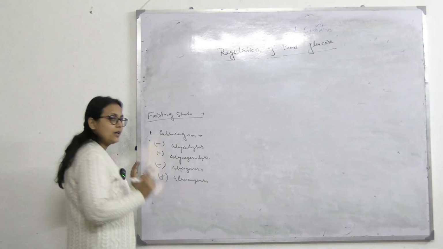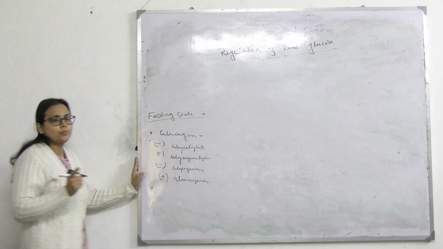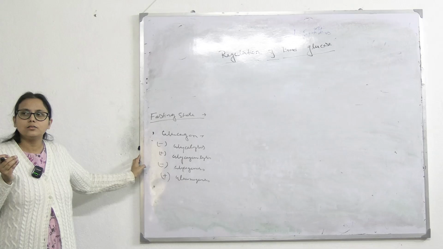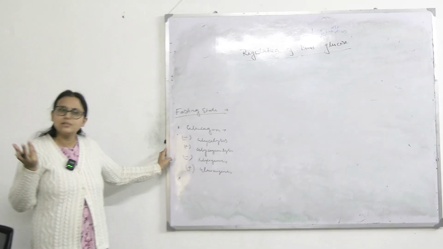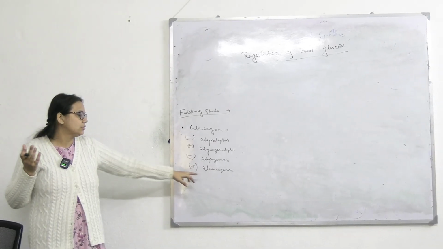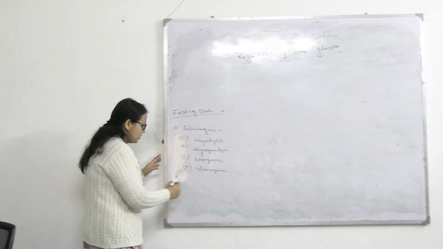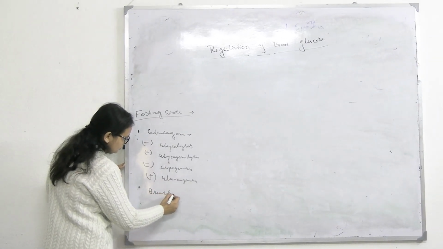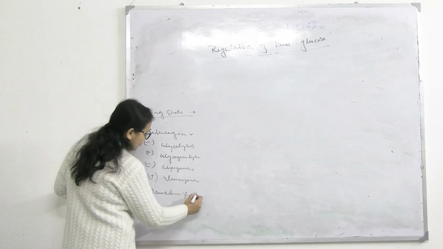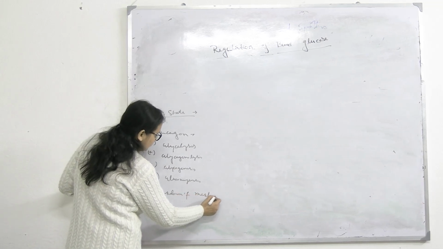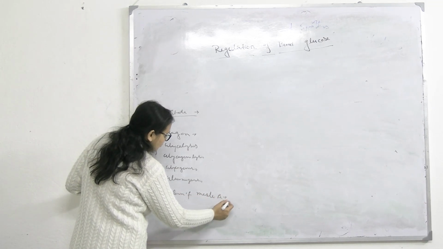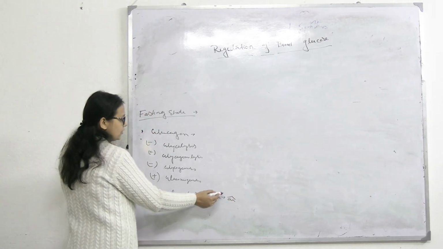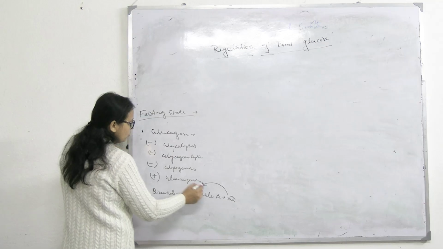There will be breakdown of muscle protein, which gives amino acids, and these amino acids are channeled into gluconeogenesis.